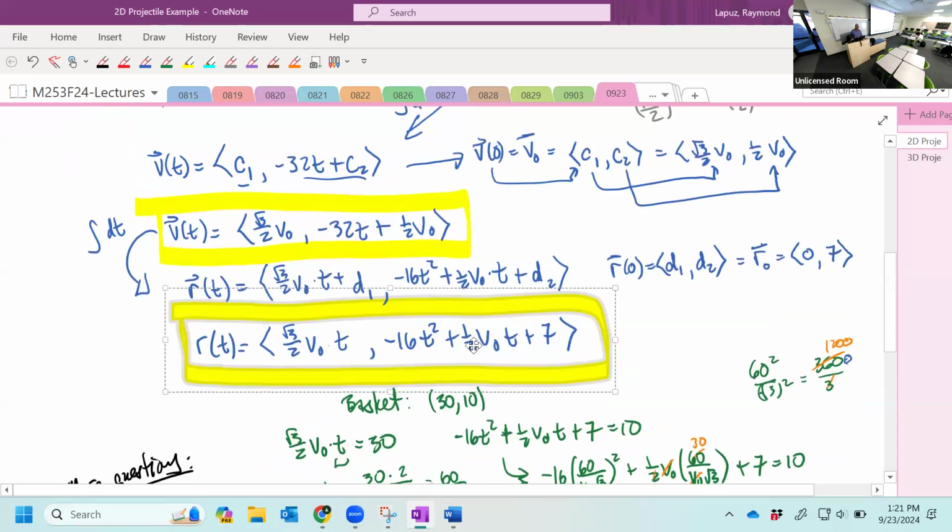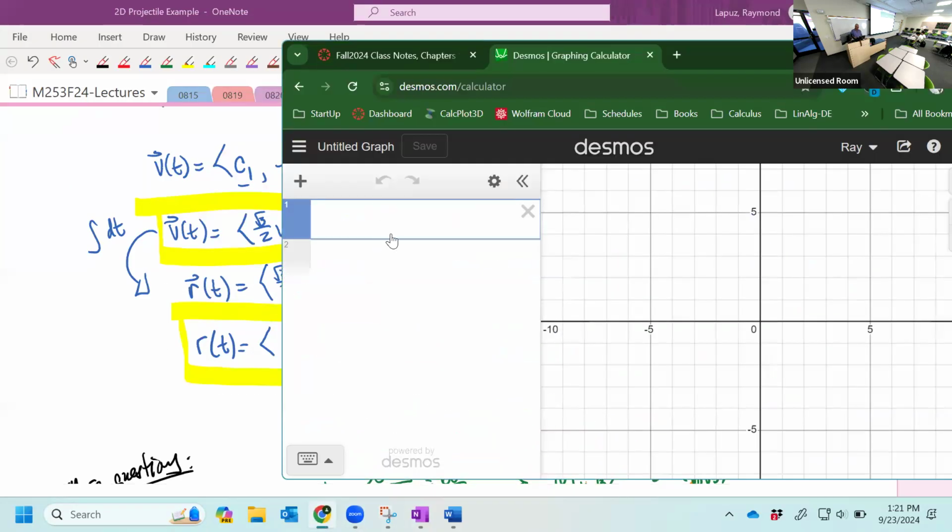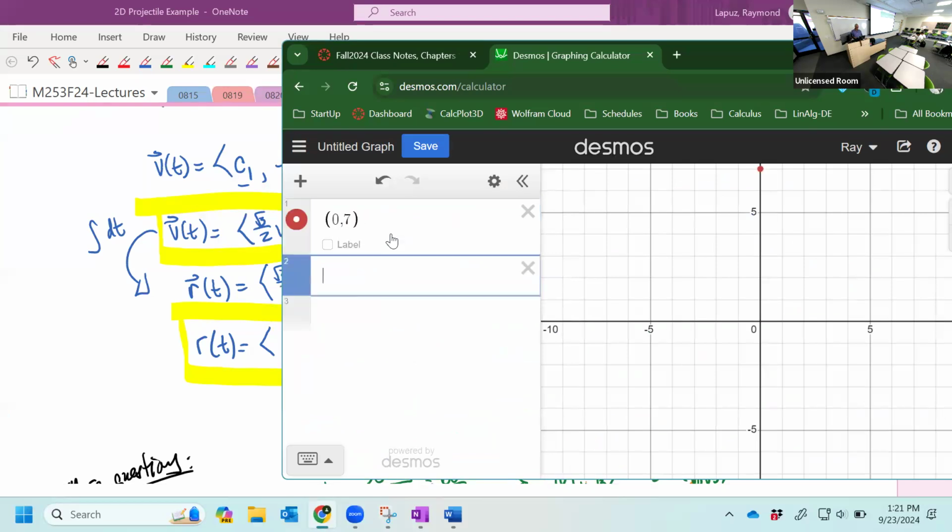First, let's set up all the initial stuff. What are the initial stuff? The starting point is 0, 7. And the basket, the hoop, is at 10, 30, 10.